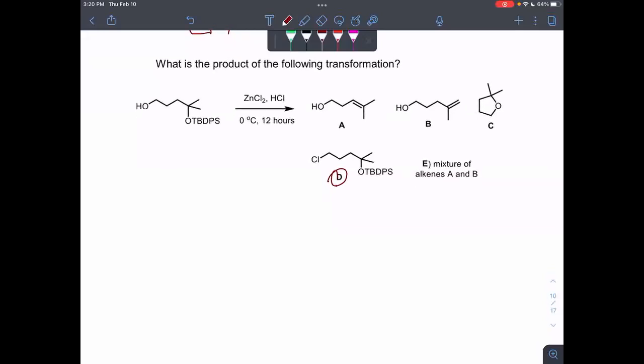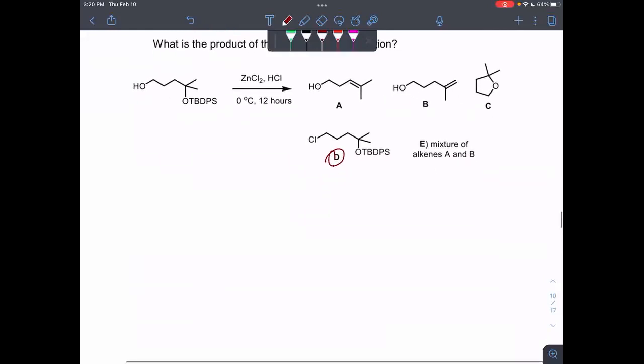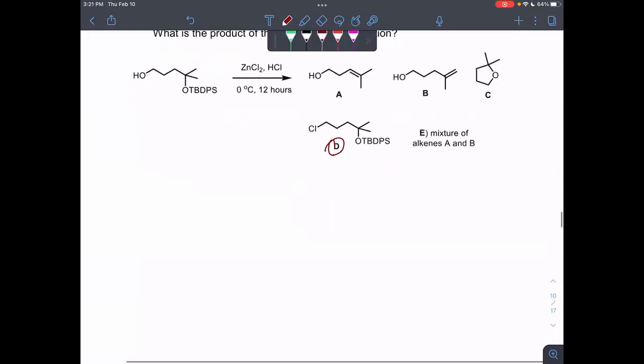Okay. Was there a question? No, it was about the inversion, but it doesn't matter, it's terminal anyway. I'm pretty sure it inverts. Okay.